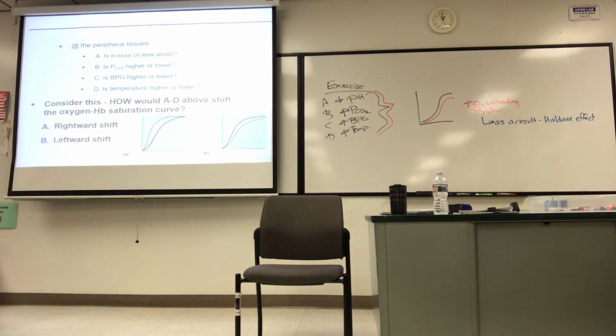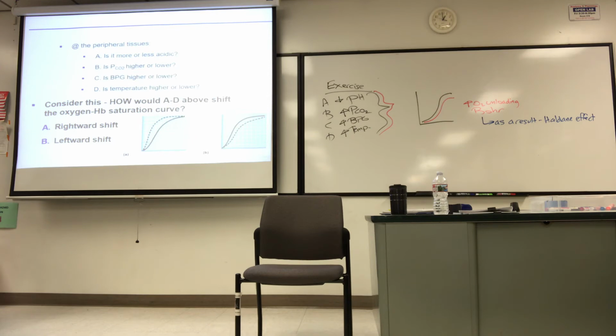This one? Yes. Sure. So the graph is B. It shifts to the right. That's correct, the dotted line shifts to the right. But on the left of the slide, it says A rightward shift, B leftward shift. Oh, so I was confused.